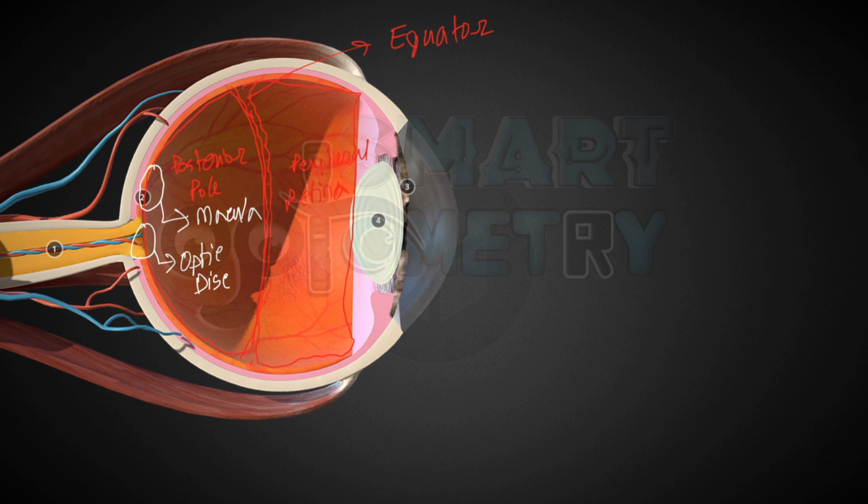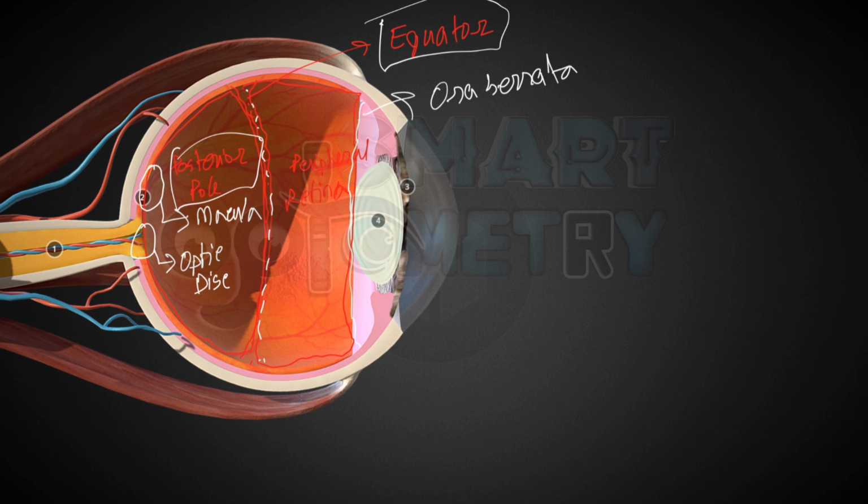And in the peripheral area, we have the ora serrata anteriorly and the equator posteriorly. Now in the coming slides, we will know details about the equator, ora serrata, posterior pole and the peripheral retina.